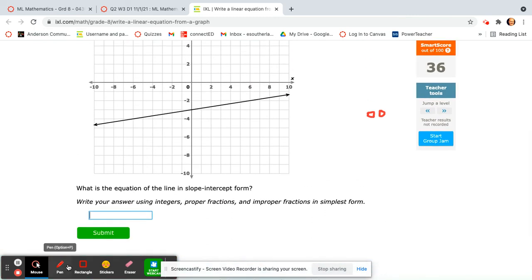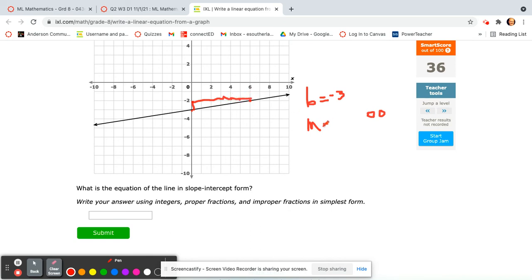Same thing, you're going to start completely over. You're going to find your b, which is right here. Your b is -3. And your m, in this case, crosses again right there, is up 1. So the rise of 1, 1, 2, 3, 4, 5, 6.